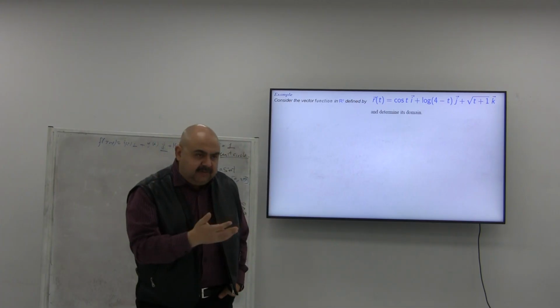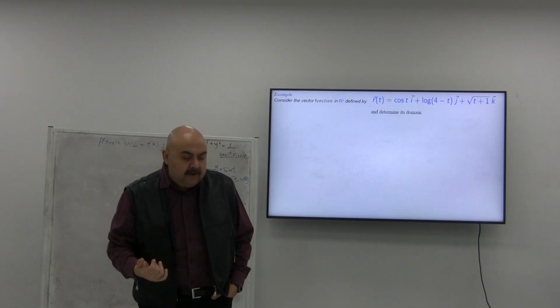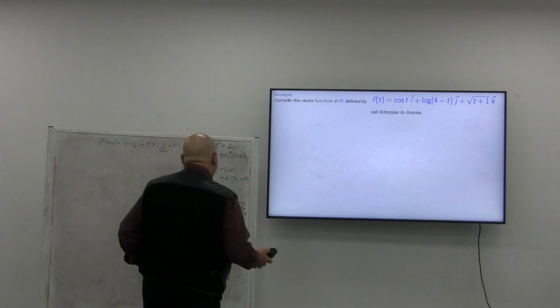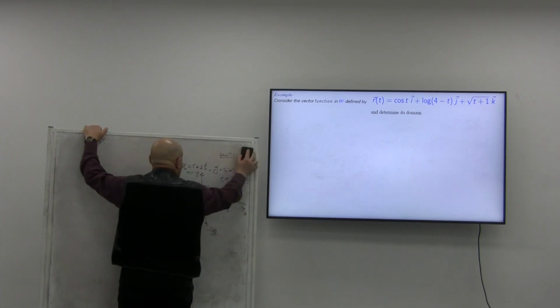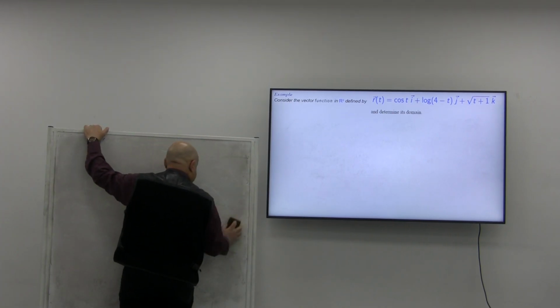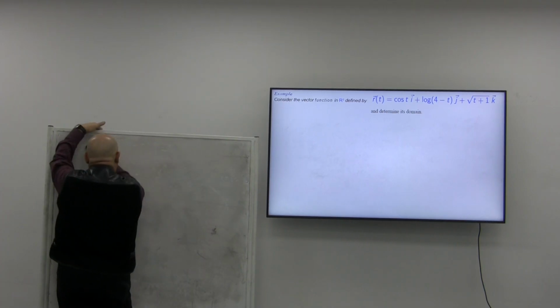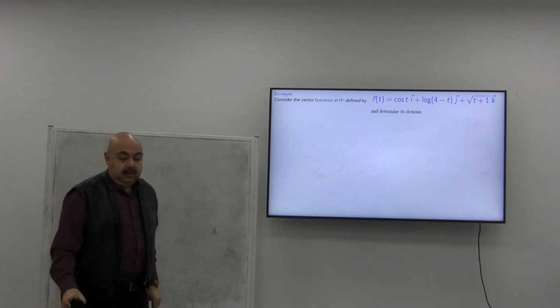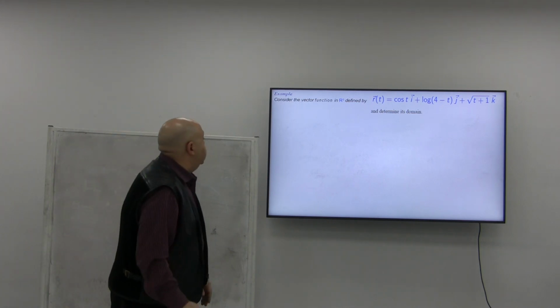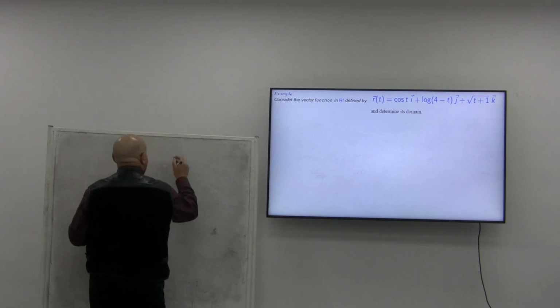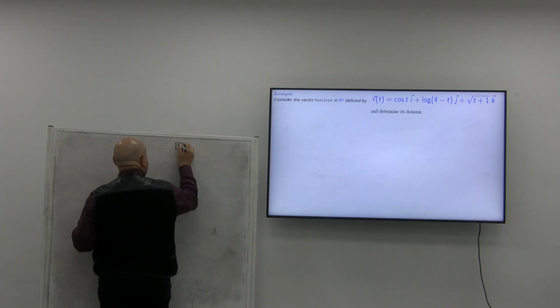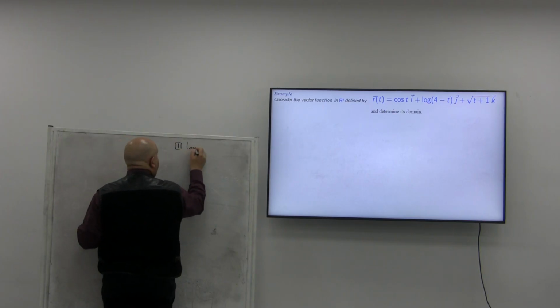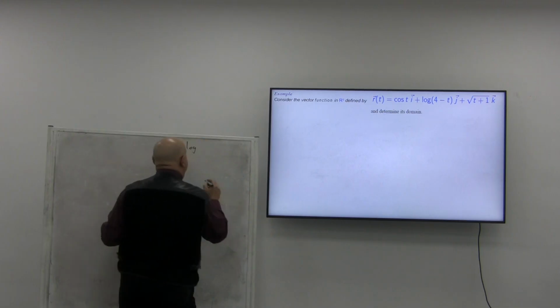It runs from negative infinity up to positive infinity. But if I go to the y direction, I will have the log. This is going to be the first condition: the log of 4 minus t.